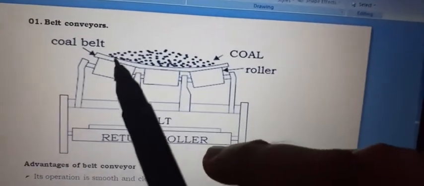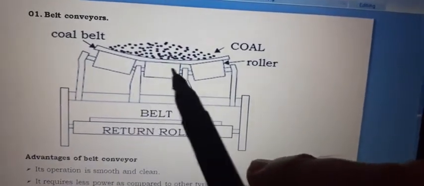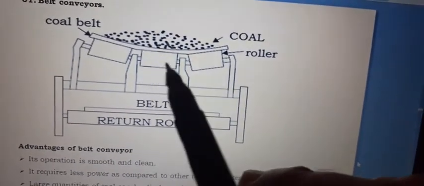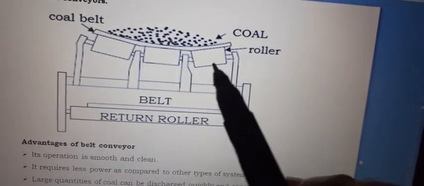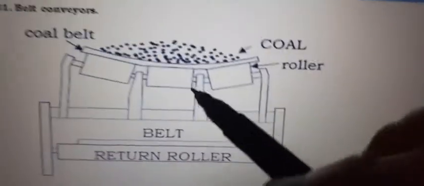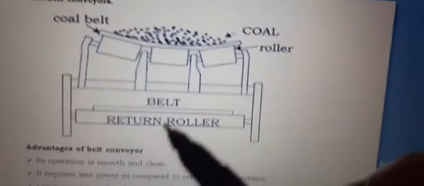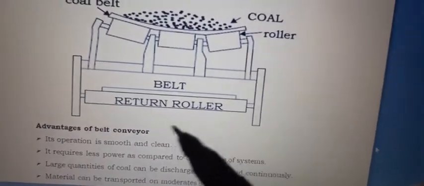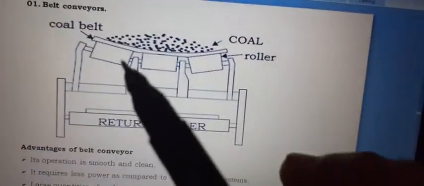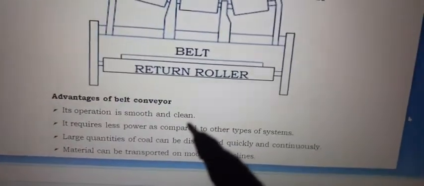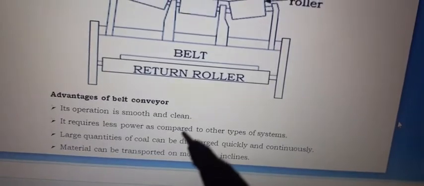Here you can see the coal belt. In this portion coal is fed on the belt, and the rollers are below that. These are the rollers and the belt below that, and the return rollers. Advantages of the belt conveyor: its operation is smooth and clean.